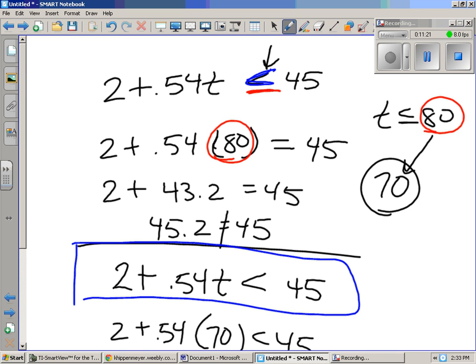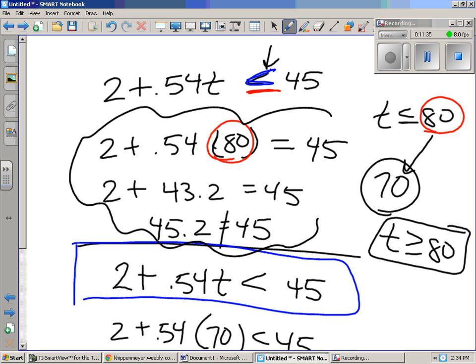Let me just prove that it would work for checking if you had the incorrect answer. For example, let's say that they told us that the solution was t is greater than or equal to 80. I would complete this first part like I just did before. And then I would choose a number from the solution set t is greater than or equal to 80, such as 90.